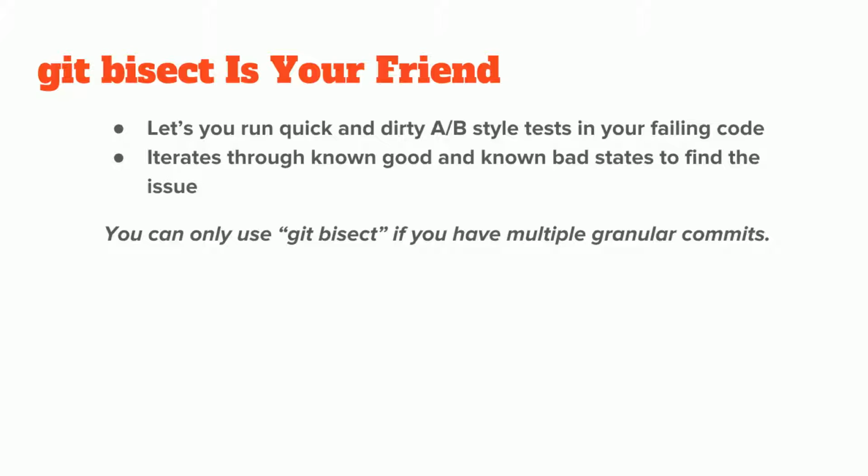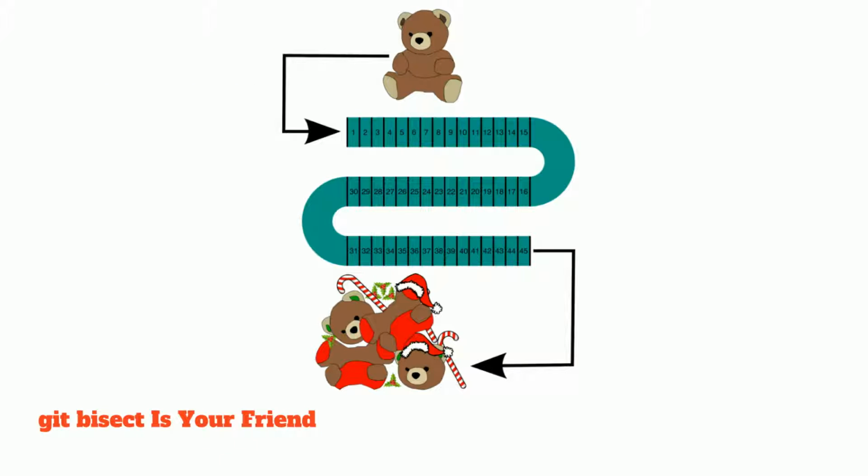Just to help visualize it, this is from the Art of Debugging, which is listed at the end of the talk. Imagine you have an assembly line that takes regular teddy bears and turns them into Christmas time teddy bears. Obviously, something is wrong with this particular machine. We have 45 steps on this assembly line. We can open any doors we need to and see a bear at that point to see if it's in the correct state or not.